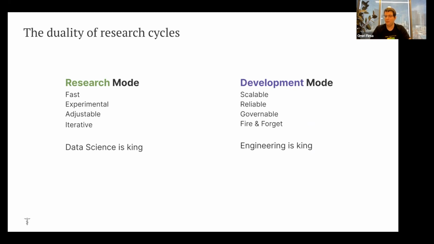And there is the development mode, when we require scalability, reliability, governance, and robustness, when we want our pipelines to run reliably in a fire and forget mode. This is where engineering is king. And the issue is that the same tools are not used in research mode and development mode.